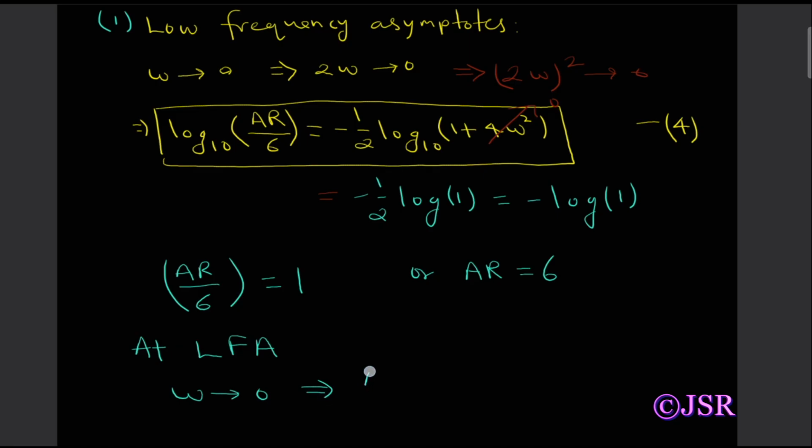It means AR by K tends to 1, or AR tends to K.